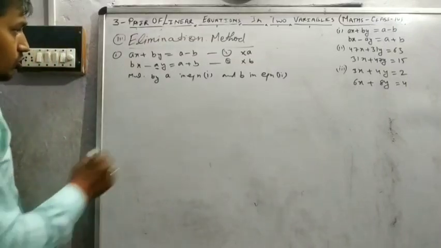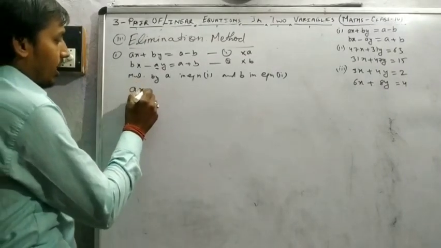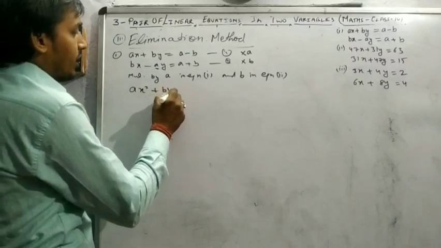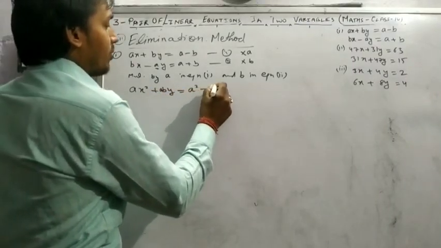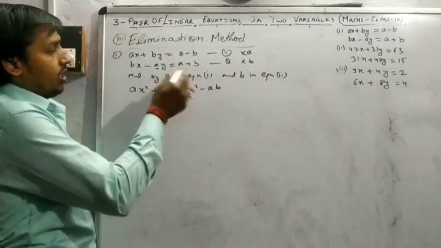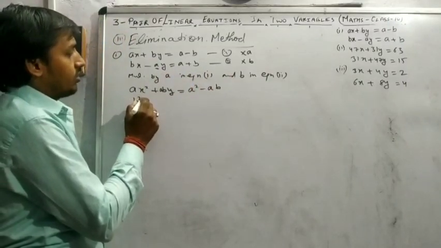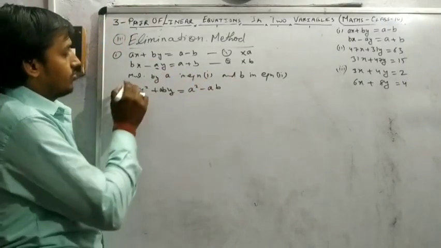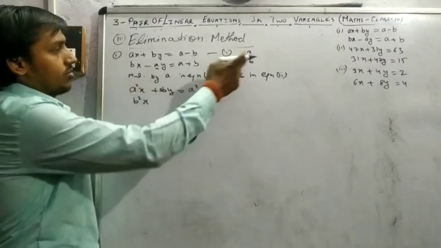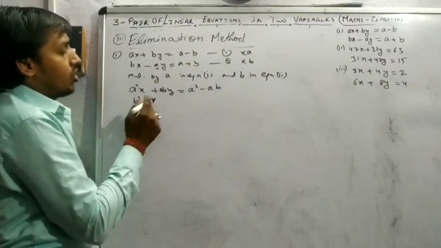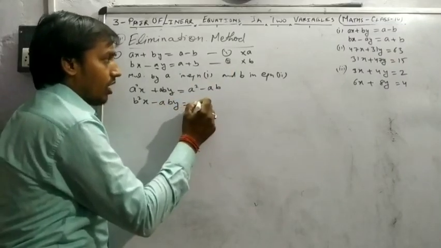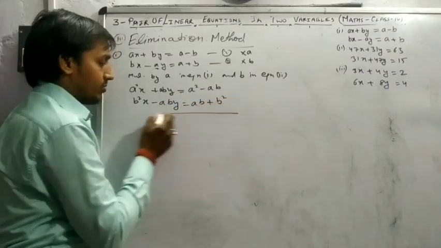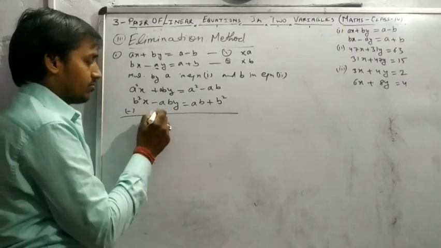Okay. So we get a square x plus aby is equal to a square minus ab. Here b square x, minus aby... a square y, b square y minus aby is equal to ab plus b square. Subtract.